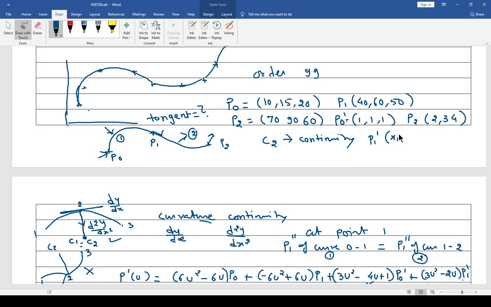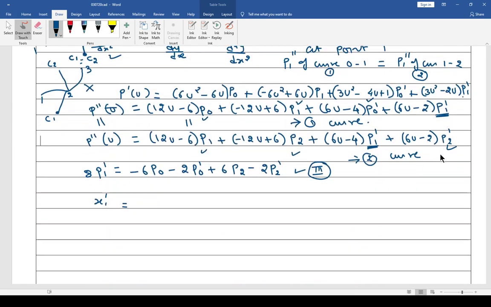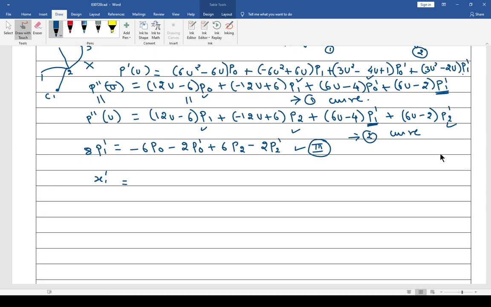So I write x1 dash, y1 dash and z1 dash. So this is what I am trying to find out.